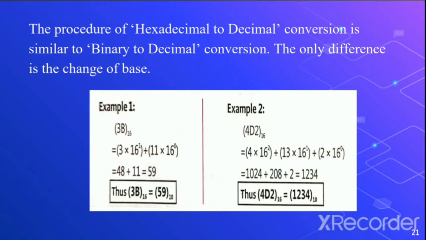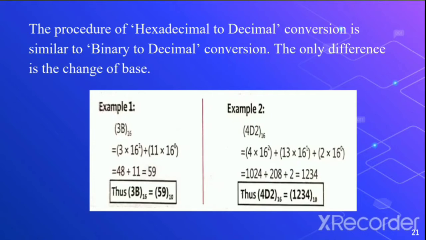Next is, how do we convert hexadecimal number system into decimal number system? The conversion is same. It is similar to how we convert a binary number system to decimal number system. Here also the only difference is that there is a change in base. As we have learned, the base of hexadecimal number system is 16 because it is having 16 digits in it.